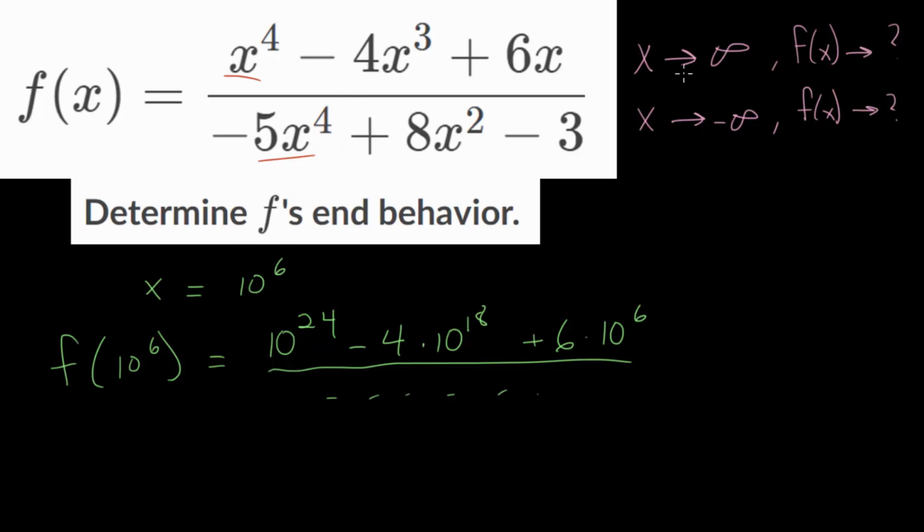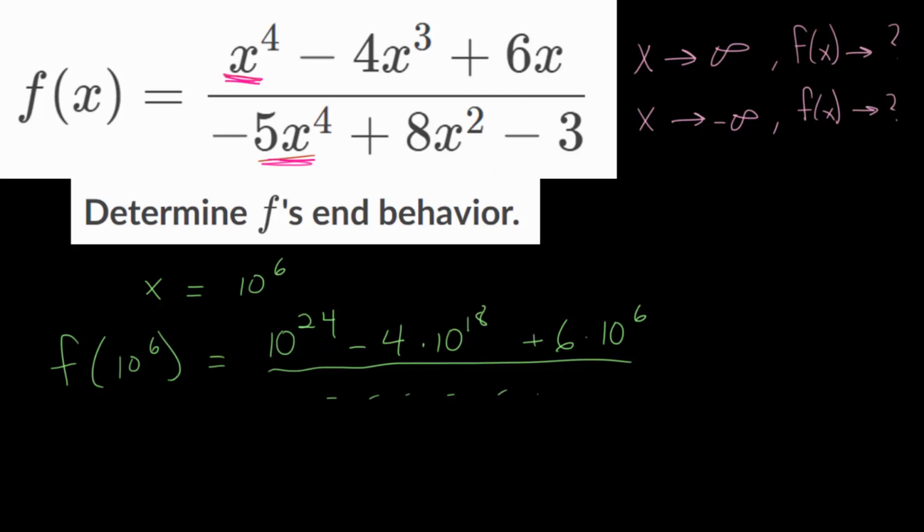So as x approaches infinity, these lower power terms do not really contribute to what's happening to the function. The main term that tends to dominate the function is the highest power term. And it will be the exact same reasoning for the denominator. It will be this 4th power term that will dominate this denominator.